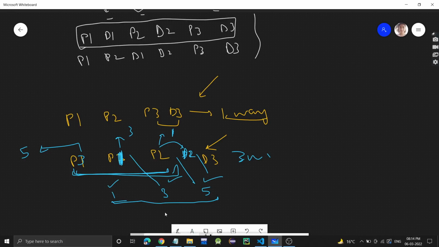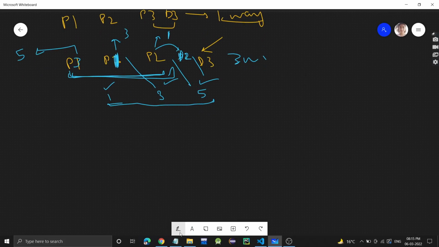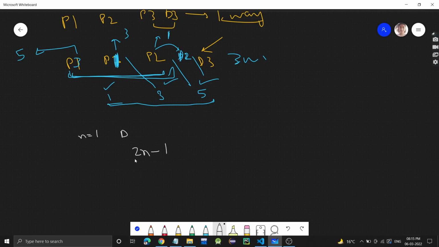So let's devise a formula for this. 2n minus 1 will be the number of ways.